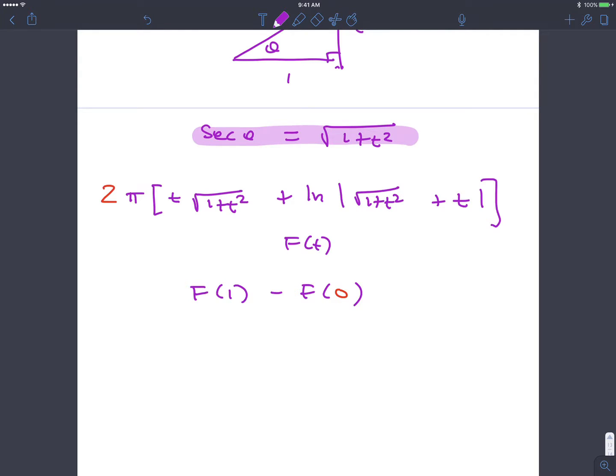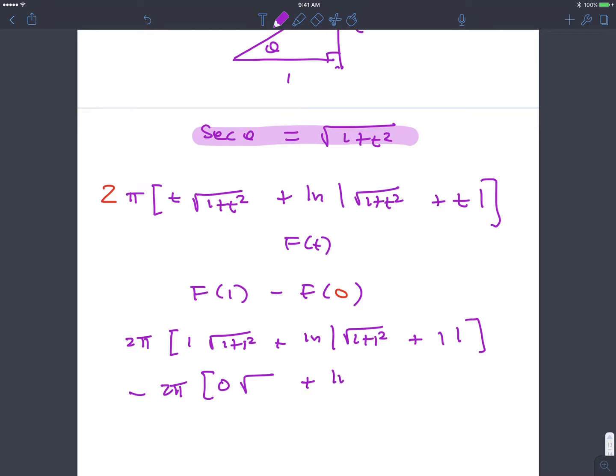So let's try this out then. I got 2 pi, and I'm going to replace this with 1: square root of 1 plus 1 squared, plus natural log absolute value square root of 1 plus 1 squared, plus 1, I guess. Minus 2 pi times 0 times the square root, plus natural log of the square root of absolute value 1 plus 0 squared plus 0.